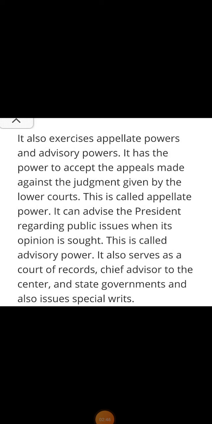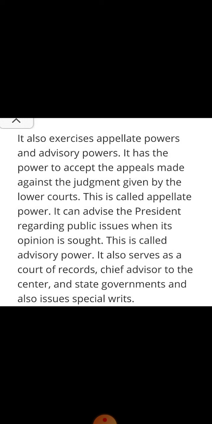Okay, it also exercises appellate powers and advisory powers. So it is going to accept the appeals. Okay, so along with this, it is going to give some advice. It is going to give advice in administrative matters for the president. So what are the appellate powers and the advisory powers?